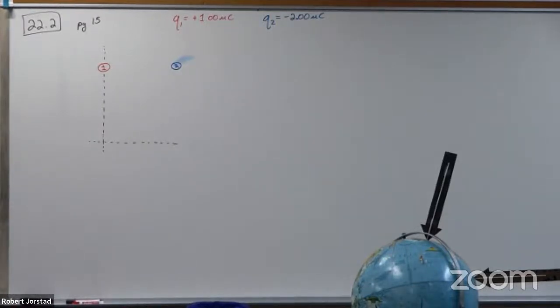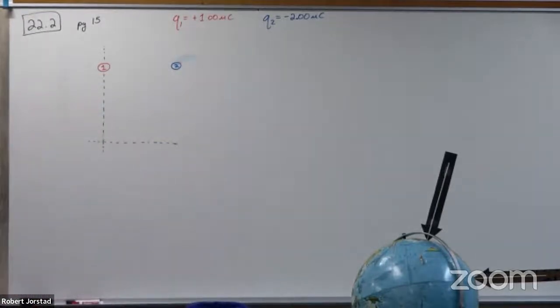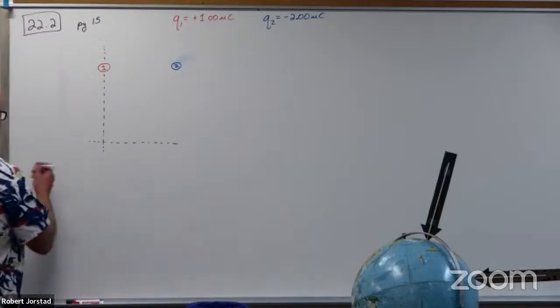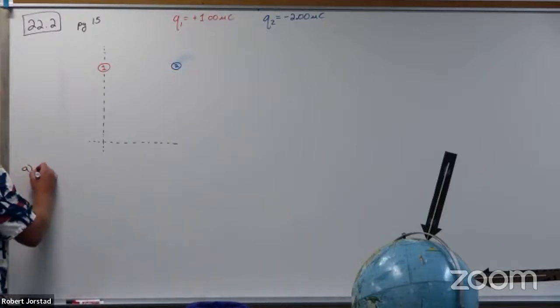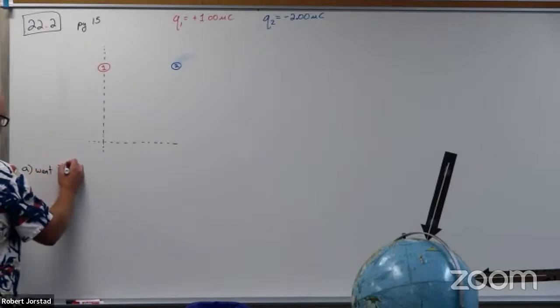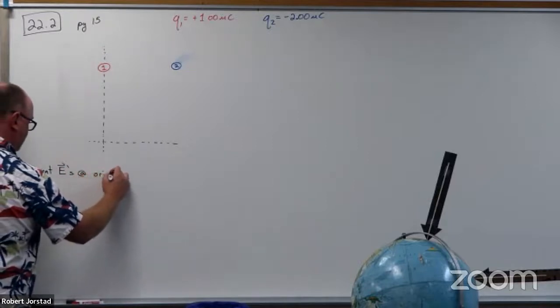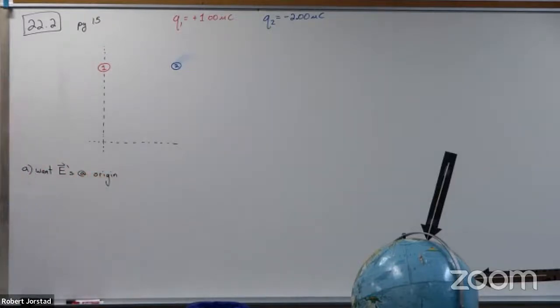All right. And the question asks, sketch the directions of E1 and E2, and we want the field at the origin. So in part A, we want electric fields at the origin. All right.